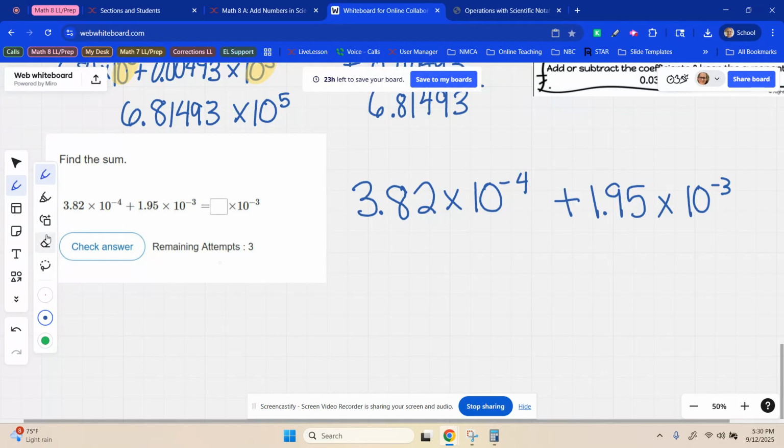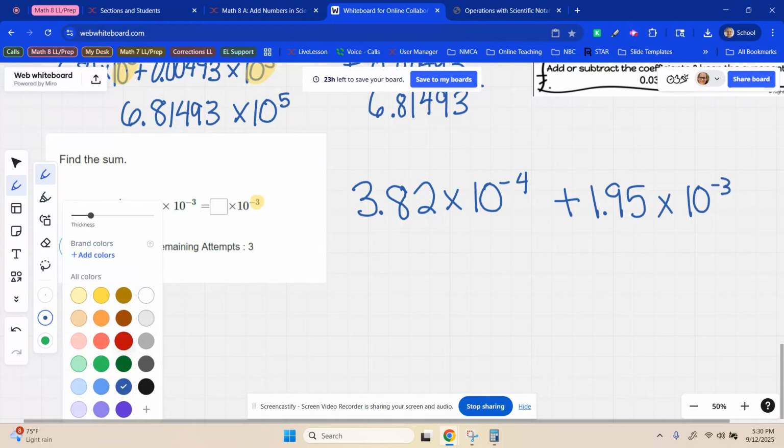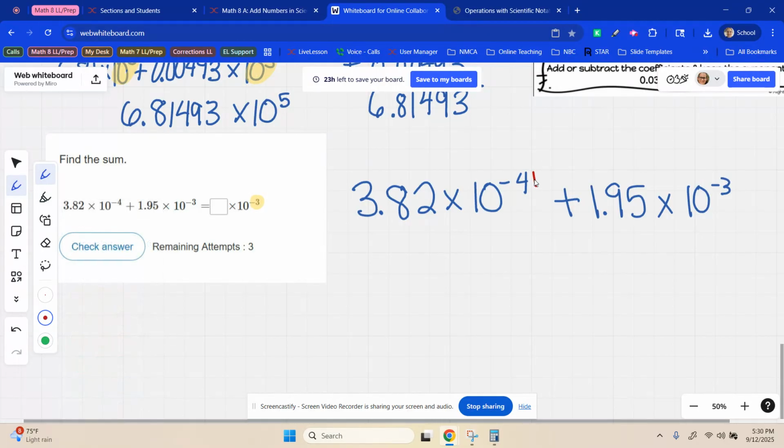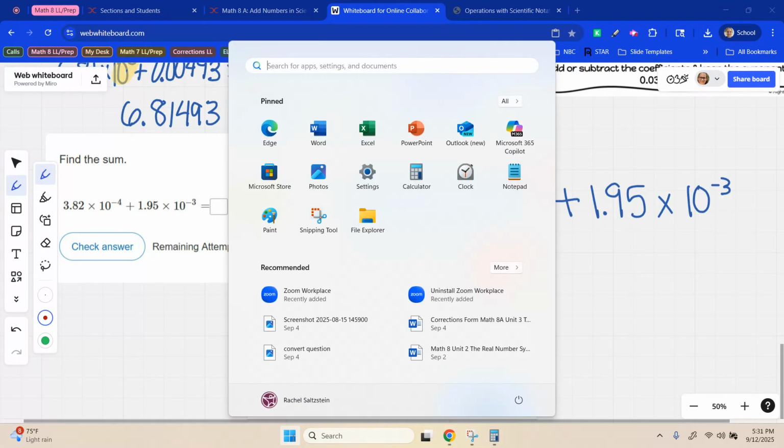Okay, and if you look here, they want me to get the exponent to be -3. So guess what I'm going to do here? Okay, and this is where it's going to stretch your brain a little bit. I'm going to add 1 to the -4 because -4 plus 1 is -3. Okay, if you don't believe me, you've got to grab that calculator.